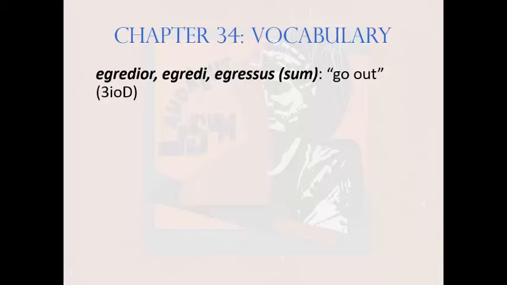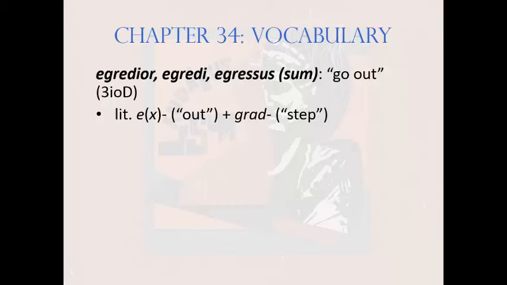It's third io. The base of this verb is gred, a vowel-gradated form of grad, meaning step. We get words like grade and gradation, like vowel gradation, from this base. Your grades are, after all, step-by-step measurements of your success. The E on the front of egredior is a prefix, meaning out. So egredior means literally, I step out.